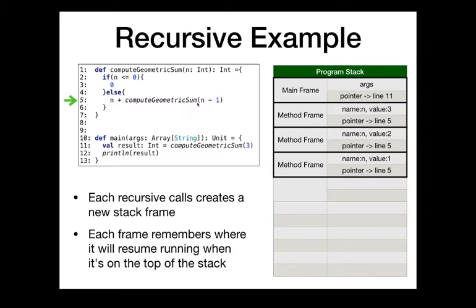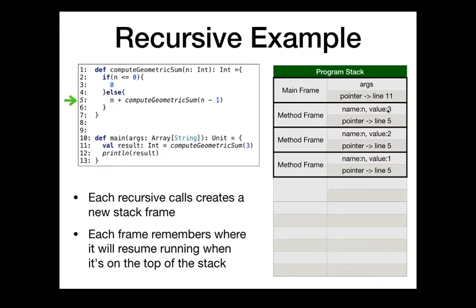It wants that return value, so it can add n to it and then return that. This frame did the same thing. Base case was false. Hit the recursive case, put another frame on the stack, and we're sitting in this frame right now on line 5, about to make our next recursive call, which is finally going to hit the base case of our recursion.